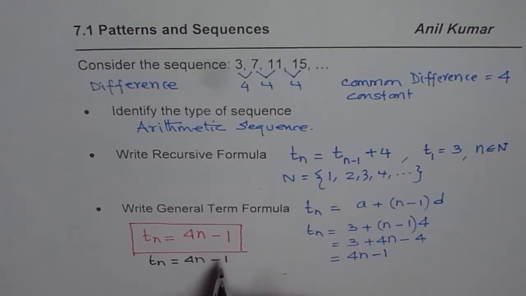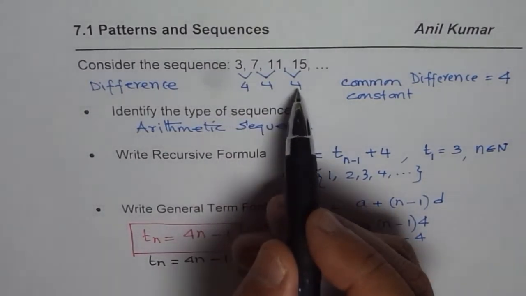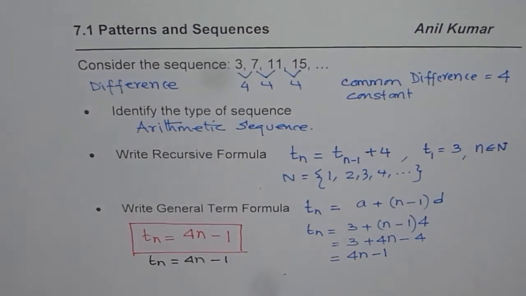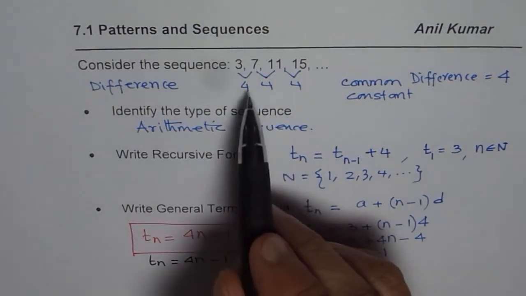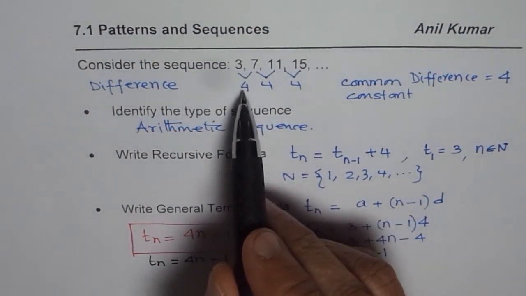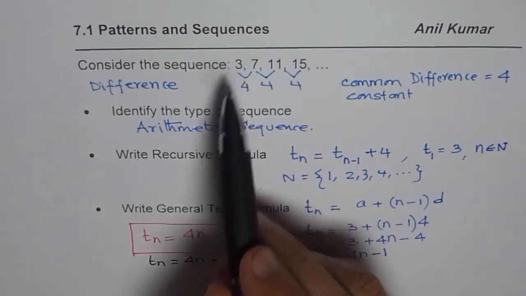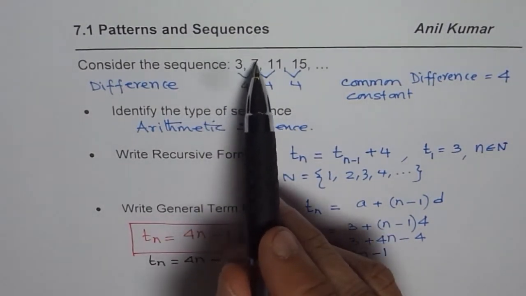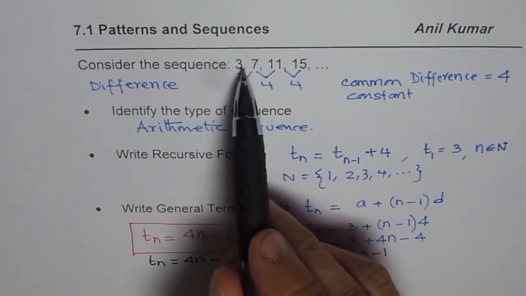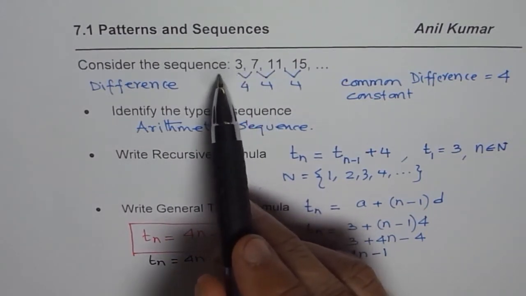Another way to write the formulas is to use your discrete functions, just like a line, right? So you will notice that arithmetic sequence is kind of a line where the first difference is constant, indicating the slope. So 4 is related with slope. We know this is the first term. Adding 4 gives you the next term. How about the previous term?